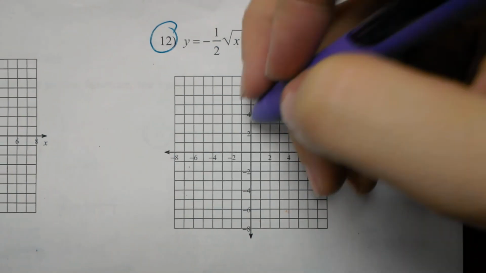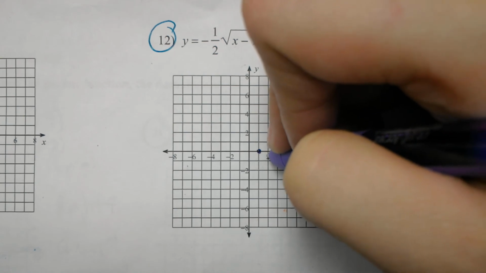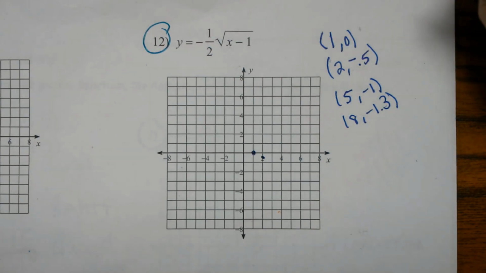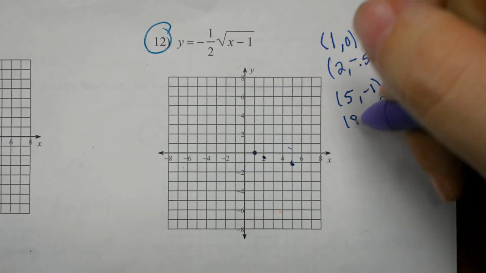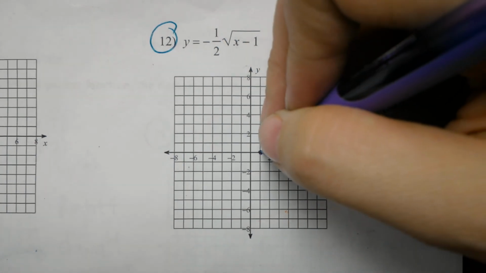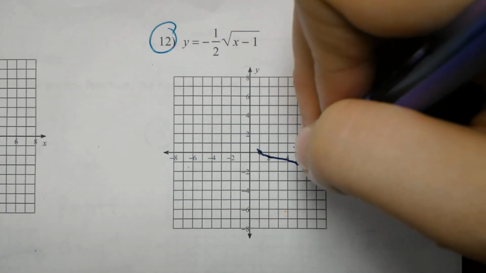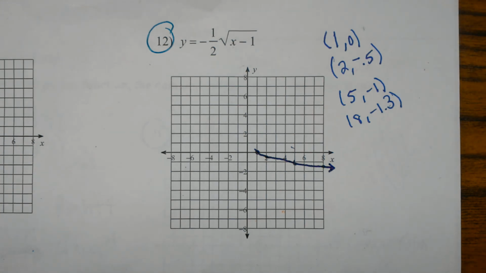So 1, 0. Then 2 is at -1 point, or -0.5. 5 is at -1. And then 8 is a little after 1. So it's really, really flat.